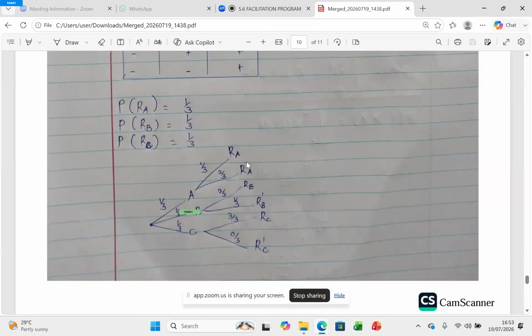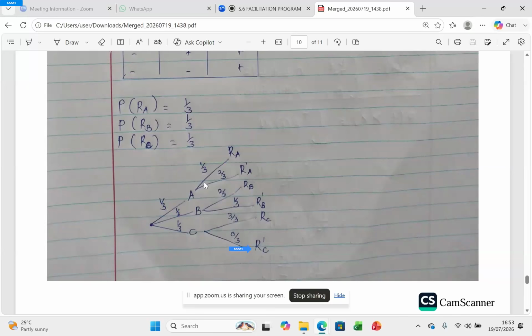Then for the negatives, it is R prime A, R prime B, R prime C. So the probability of picking up form A or B or C is the same, which is 1 out of 3. That's why we stated it clearly on these 3 lines here that go to A, B, and C. Then we go to the responses in each form.